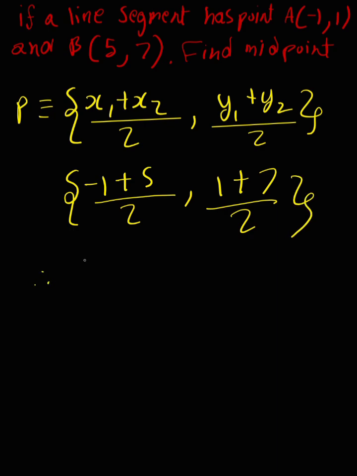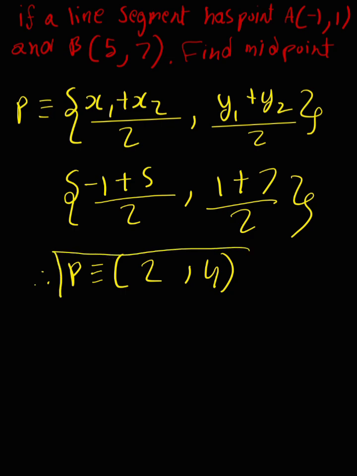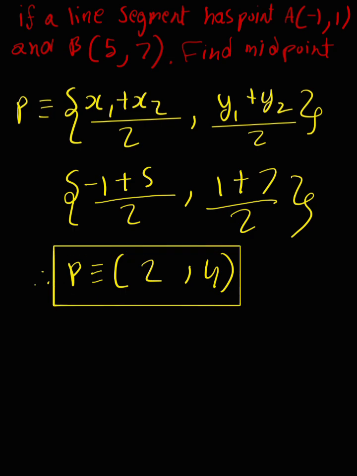So from here we can say that P's coordinates are 4 by 2 comma 8 by 2. So isn't this just 2 and isn't this just 4? So we have finally obtained our solution. 2 comma 4 is the midpoint of this line segment.